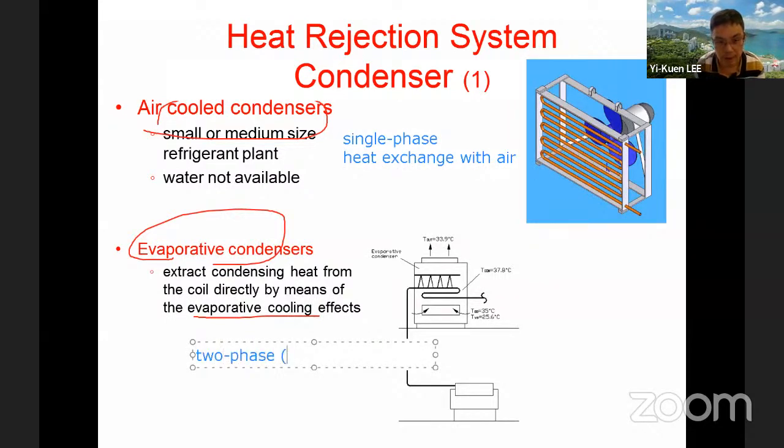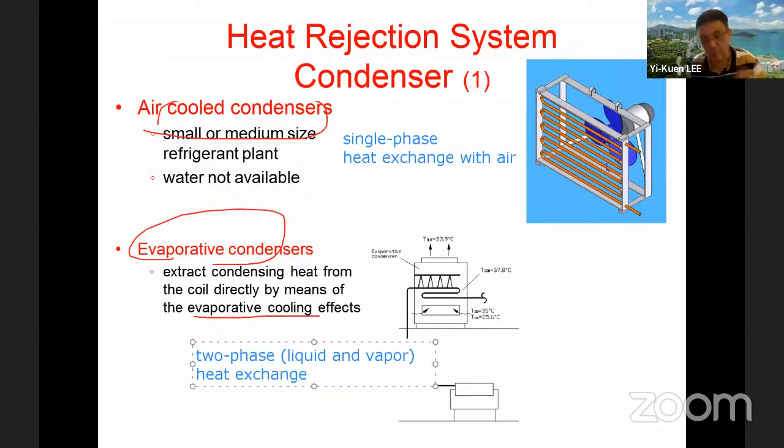That means a mixture of liquid and vapor, two-phase heat exchange. So that this can carry a lot more heat flow. Okay, so I think both of them are useful.